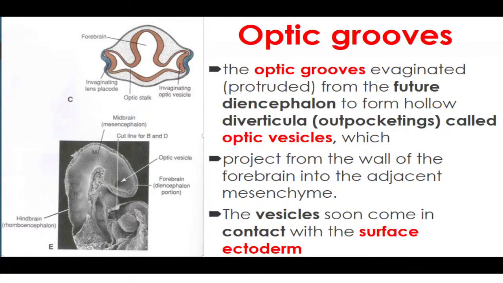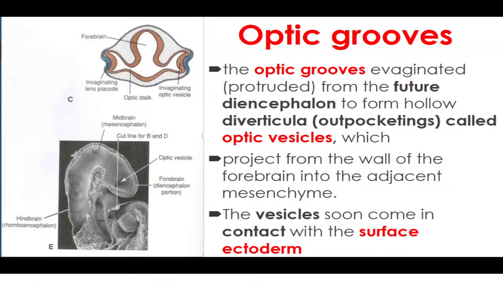And third is the otic placode, the future otic vesicle for the inner ear. All these placodes, lens, otic, and nasal, arise from surface ectoderm.